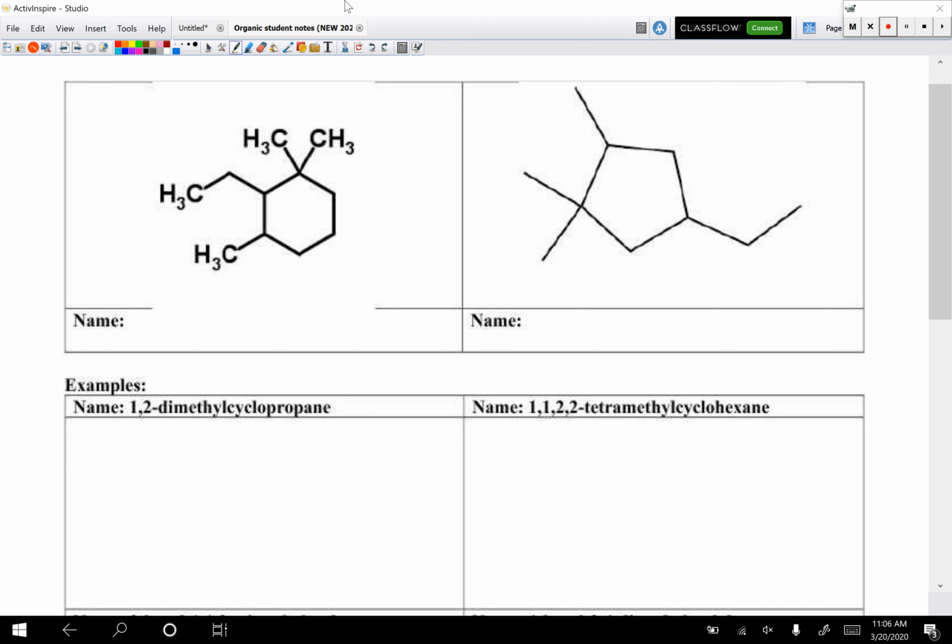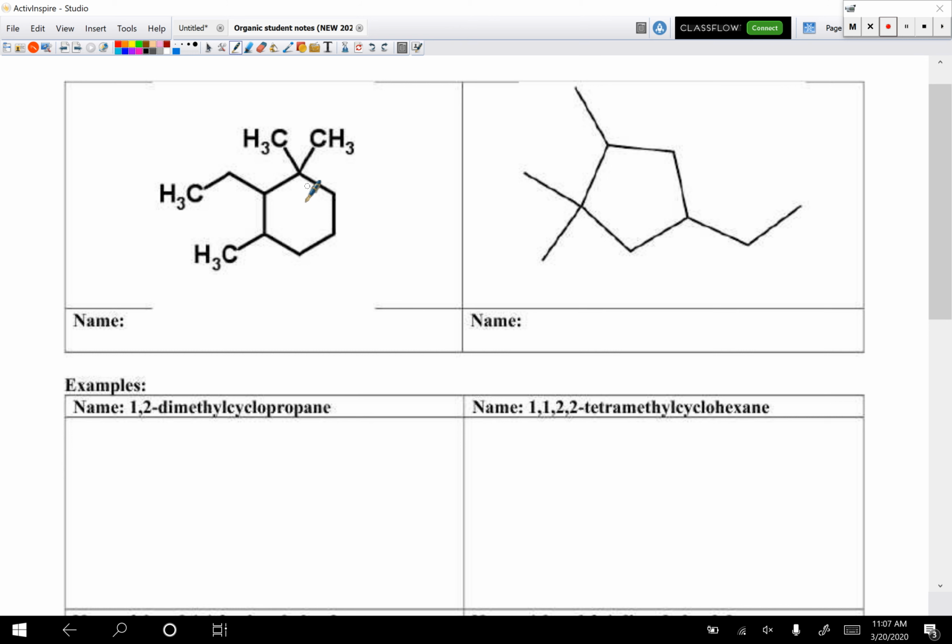So with our next one right here, we can tell that we have a bunch of different branches. Now we are going to make use of the rule that we are going to try to get the branches off the lowest numbers possible. So if we can get a branch off of carbon 1, well, carbon 1 is the lowest possible number. But if we can get branches off carbon 1 twice, 1, 1, that combination of 1, 1 is definitely the lowest possible number combination.